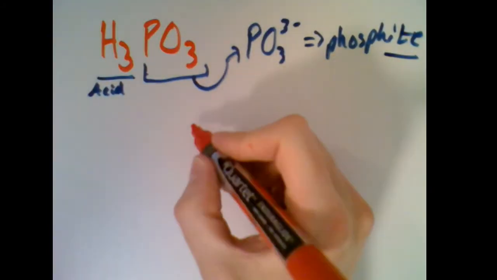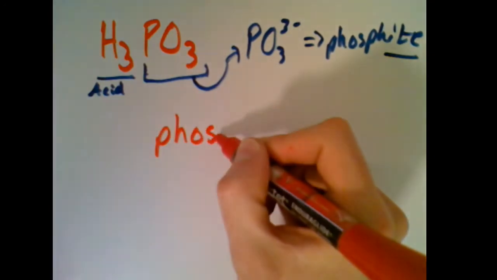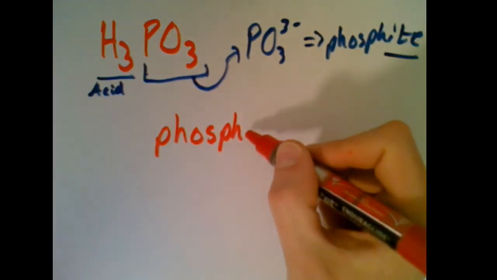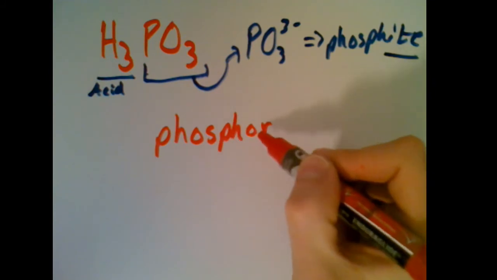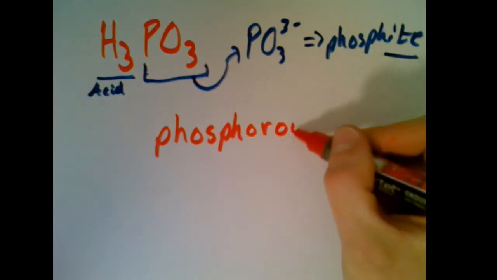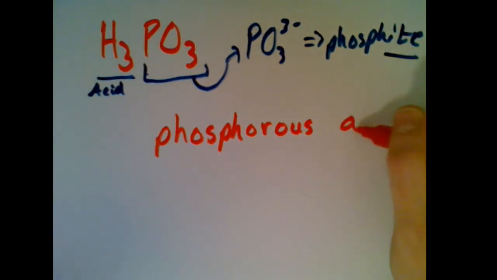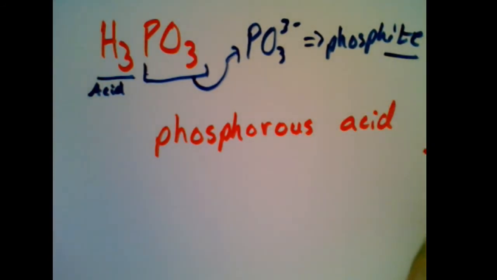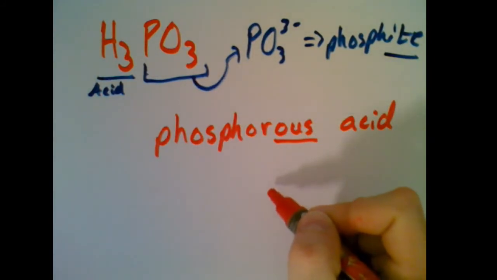So we're going to change that ending to OUS, and we're going to get phos. Now remember what I said, phosphor for phosphorus-based compounds, or sulfur if it's a sulfur-based compound. And then we add OUS. So phosphorous, and then we add the word acid. Right, so change that ending to OUS.